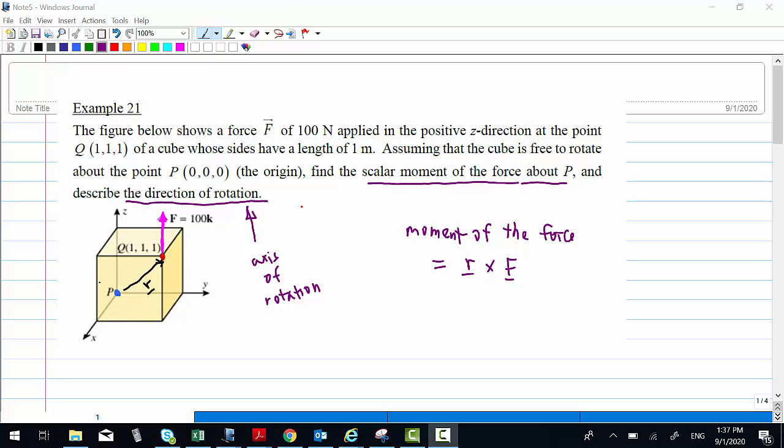So because the cube is rotated now, we want to ask what is the axis of rotation now. That is why we have this kind of question.